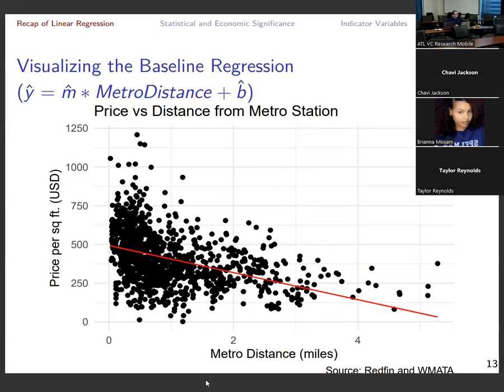Okay, so later today, we're going to see how adding a dummy variable around the geographical location of the property affects the result. So that we can take into consideration that people in Virginia or Maryland have a very different demand curve for housing close to a metro stop than someone who lives in DC who might be able to walk to work, and so they're not as concerned.